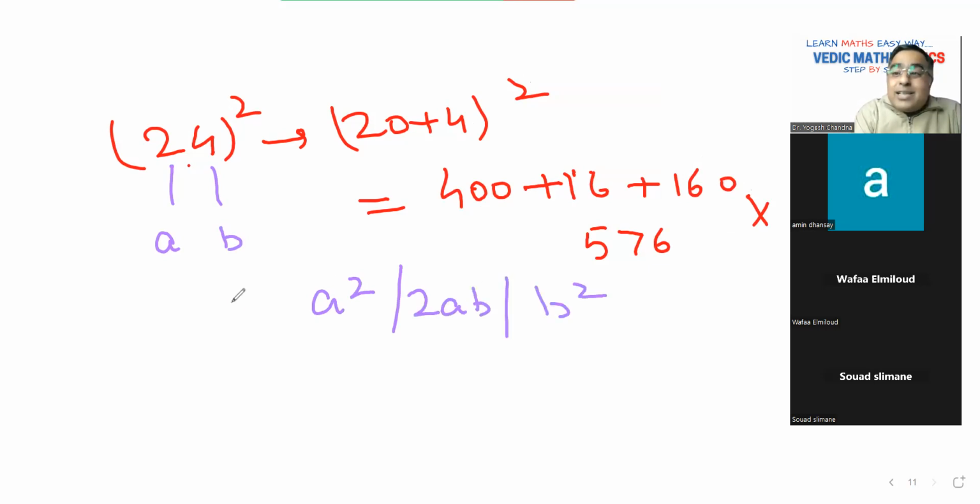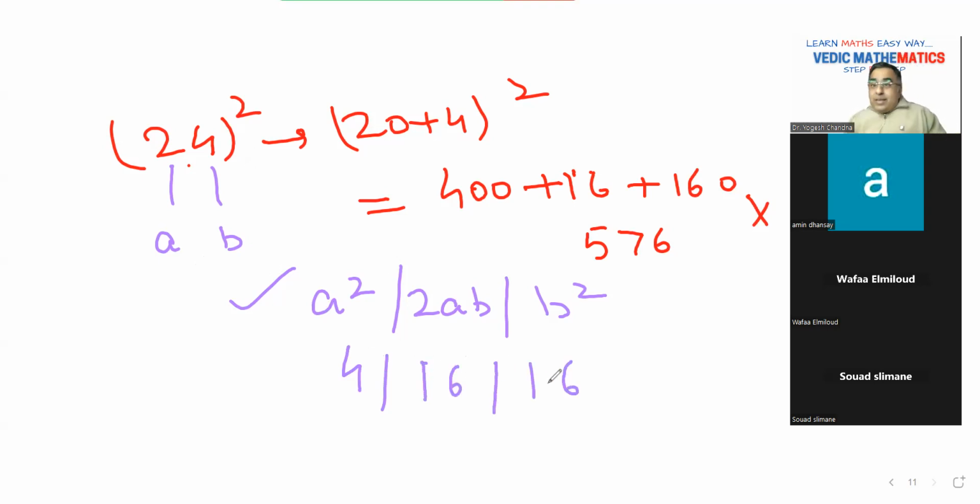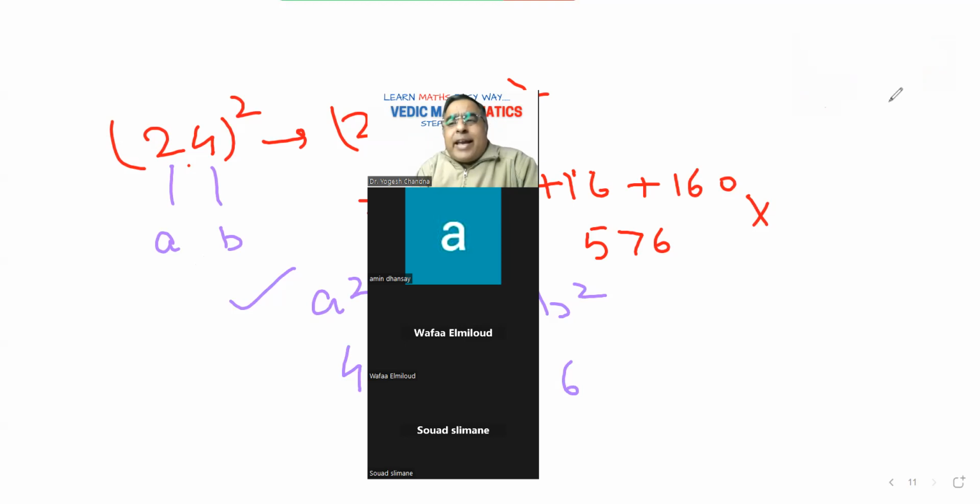But yes, this formula is also derived using some operations, which we do when we learn Vedic mathematics. Now A squared is just 2 squared, which means 4. 2AB means 16. B squared means 16. Now you need to remember the concept of units place, tens place, hundreds place. How many digits can you have at the units place? 1.